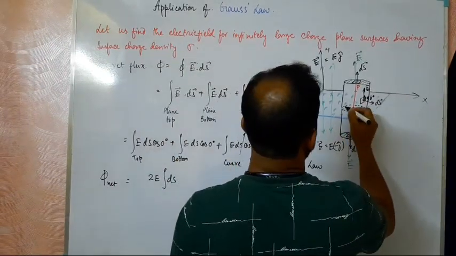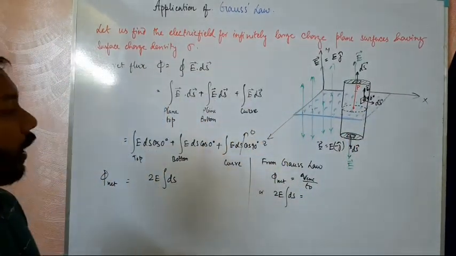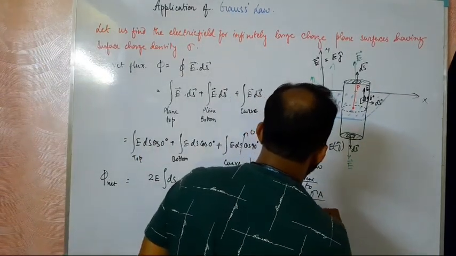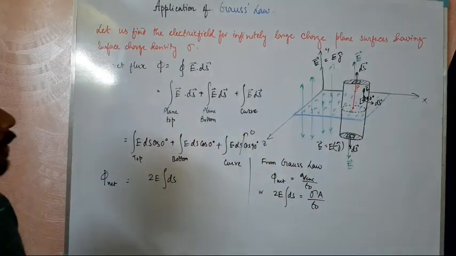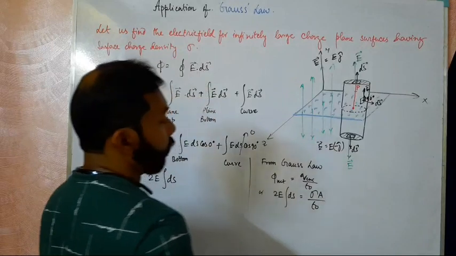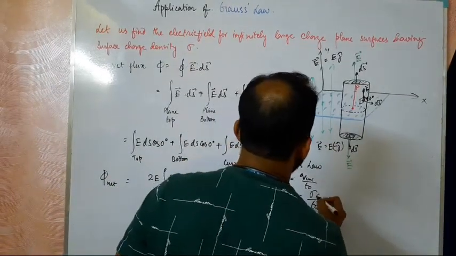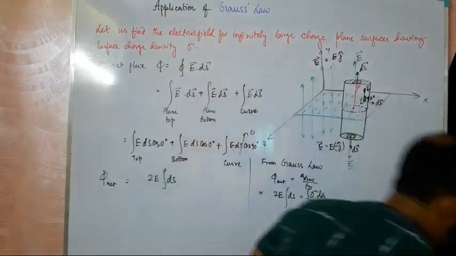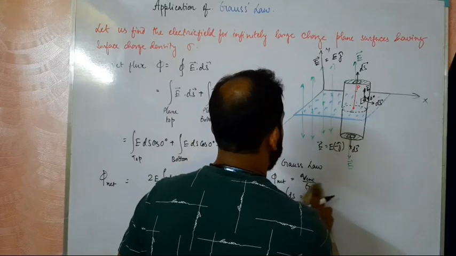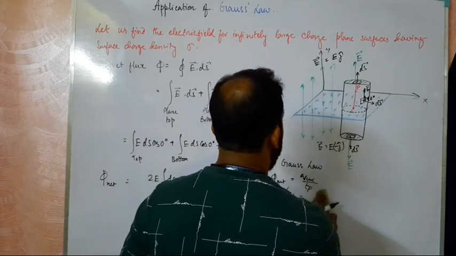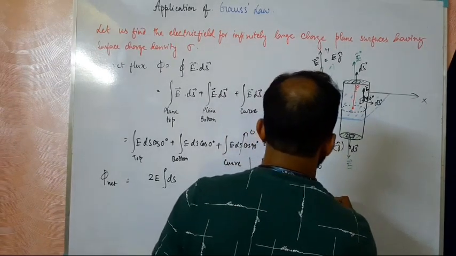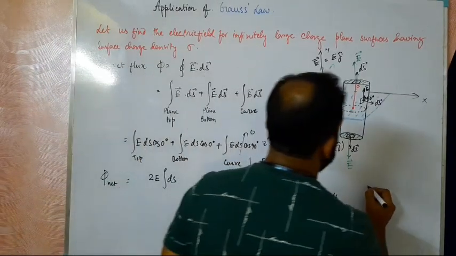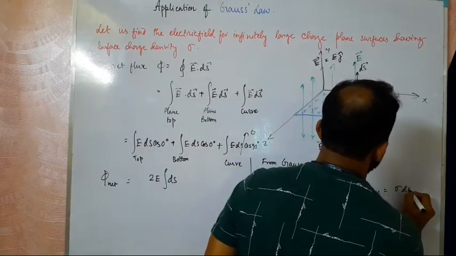If this cylinder has an area of A, it will be sigma A by epsilon naught. Actually, we can write it like integration sigma dA, and after doing that integration we will get A. dA or ds, whatever, we can write sigma ds 1 by epsilon naught, because q enclosed is sigma ds.